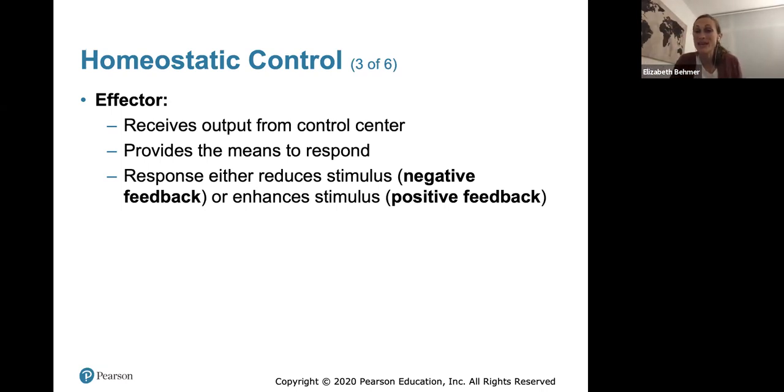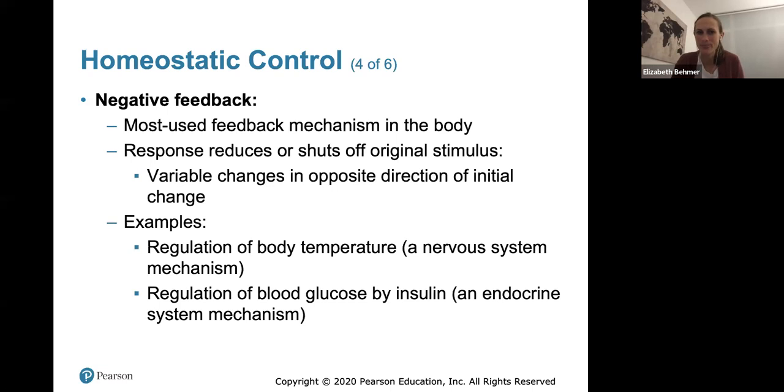Or the response can enhance the stimulus, and that's positive feedback. For example, if you cut yourself accidentally, your blood will form a clot, and it'll continue to recruit more and more clotting factors in a positive feedback response, as an enhancing stimulus, until the clot has completely stopped the blood from leaking.